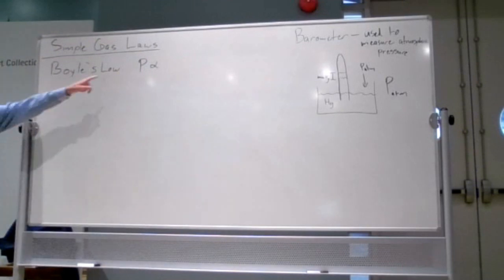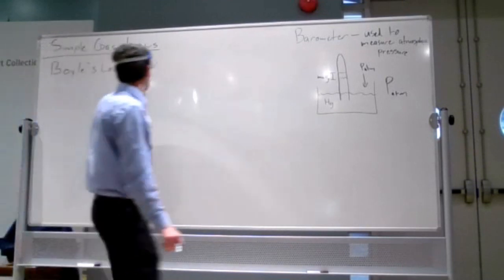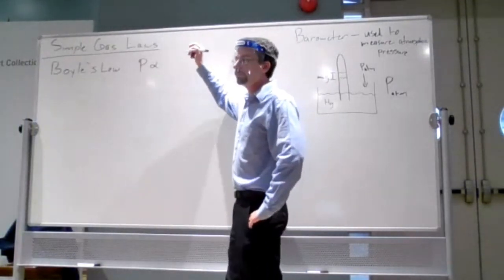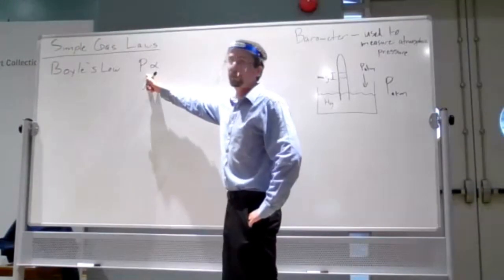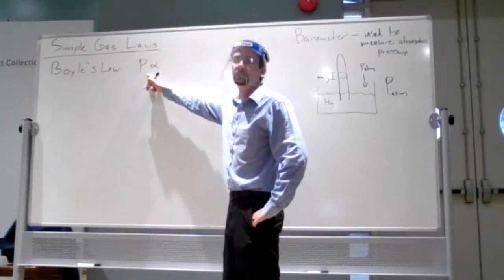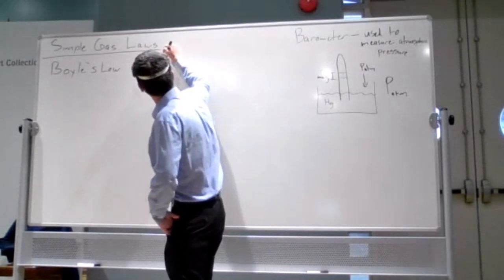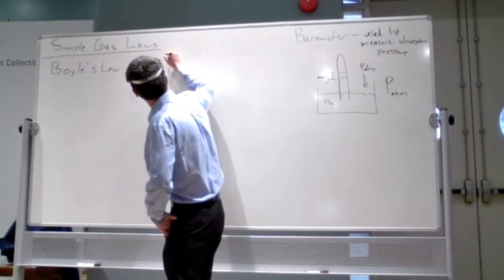So how would you frame this mathematically? How do they relate to one another? Pressure goes up, what happens to volume? Goes down, right? So we would say we have an inverse proportionality.